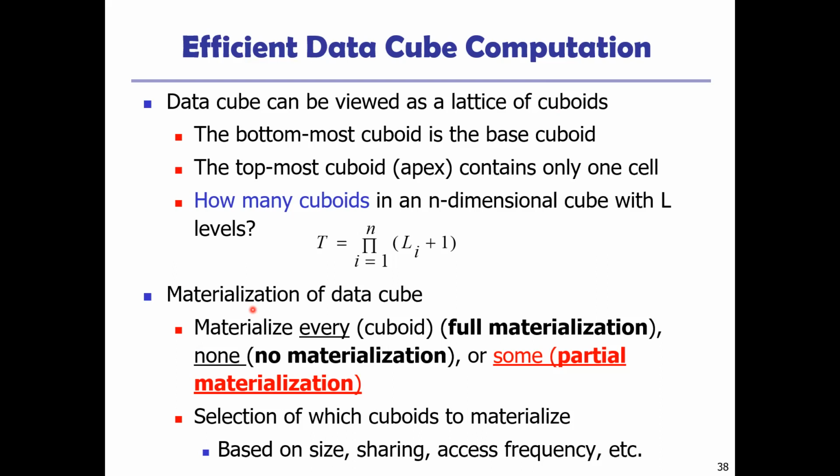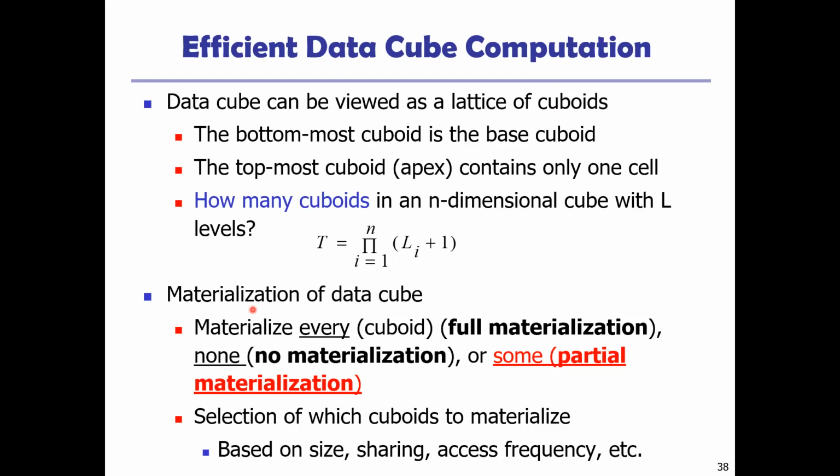This is the no materialization approach. The full materialization approach means that for all data cubes defined in a data warehouse, we are actually calculating the measures. So we will have the sum of sales calculated and saved, the average sales calculated and saved, the count of sales calculated and saved, etc.